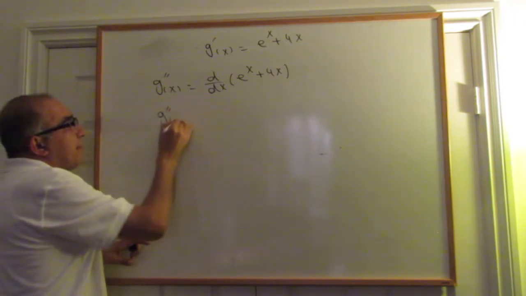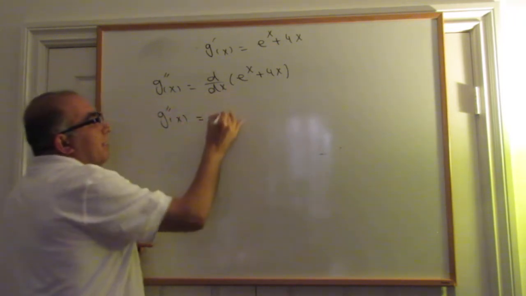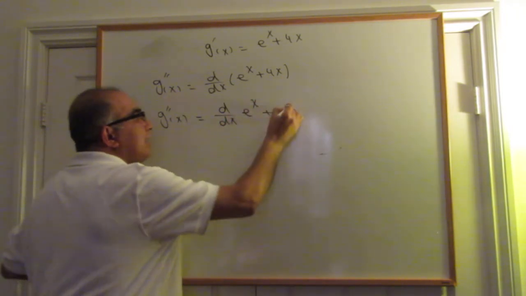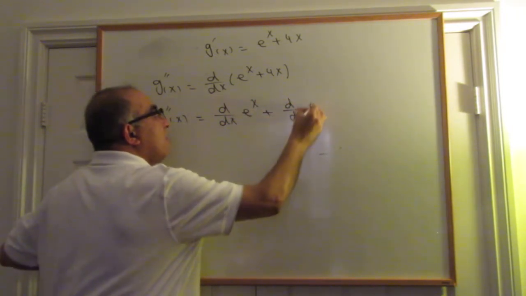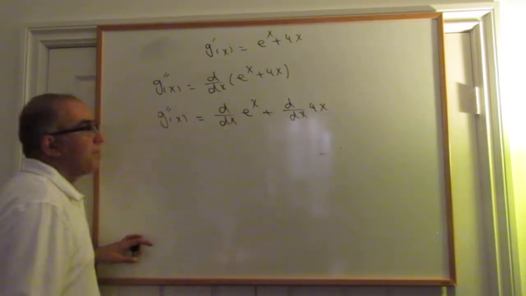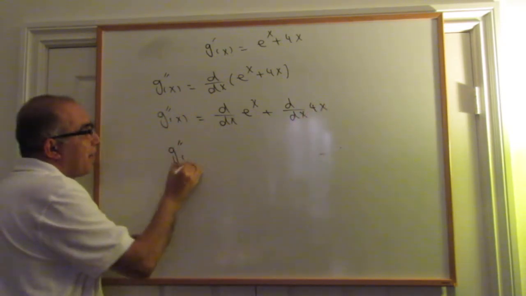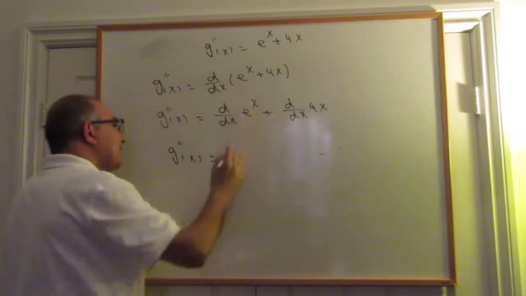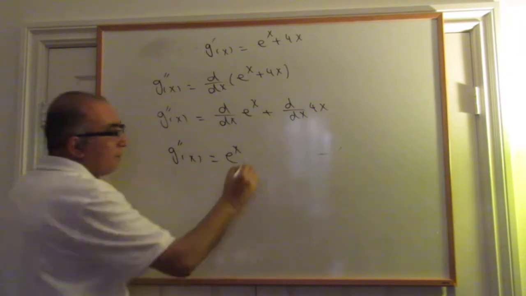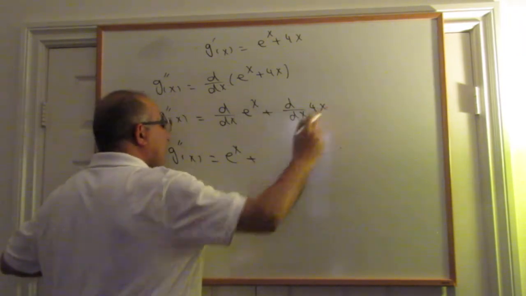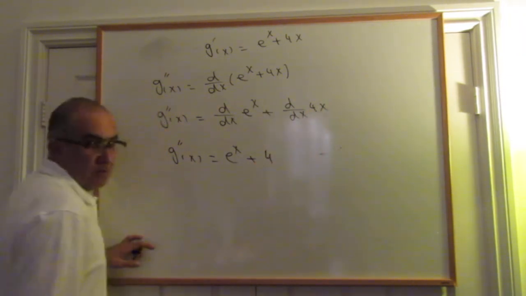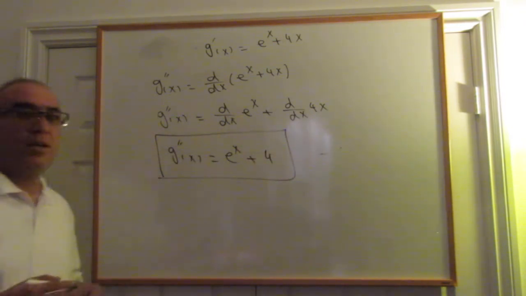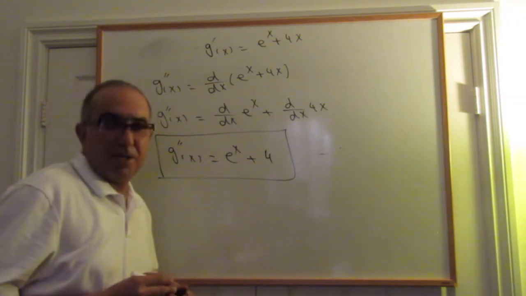Then g double prime x equals d dx of e to the x plus d dx of 4x. G double prime of x equals the derivative of e to the x, which is e to the x, plus the derivative of 4x, which gives you 4. And this is the second derivative of the given function.